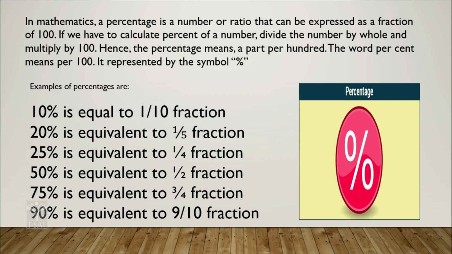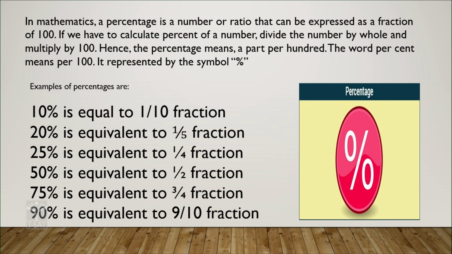Hence percentage means a part per 100. The word percentage means per 100, represented by the percent symbol, as shown in this figure. So if you express any quantity in terms of 100, for 100 parts, how many parts for it? That is called a percentage.